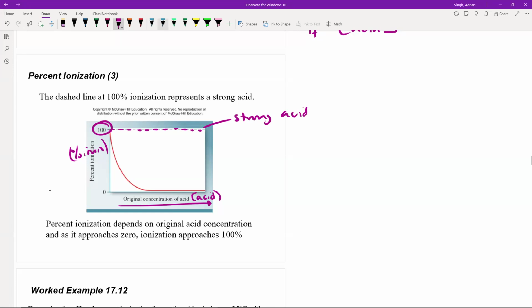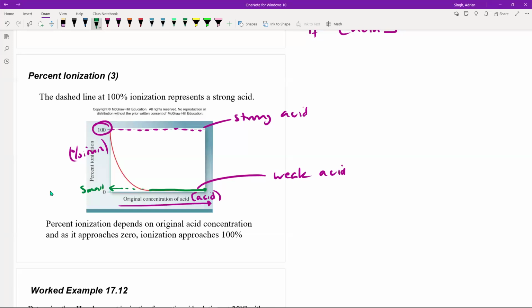Now, if you compare that to a weak acid, which is the red line, if we start on the right and work our way from right to left, opposite to the normal way you read it, we have a high concentration of the weak acid here. You can see that the line is also flat. So for a high concentration of a weak acid, the percent ionization is small.